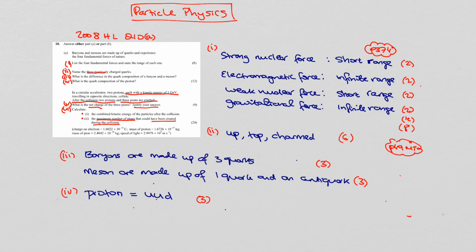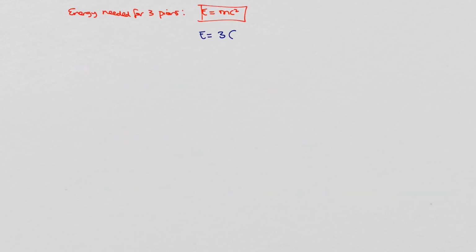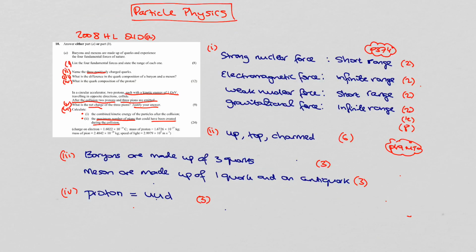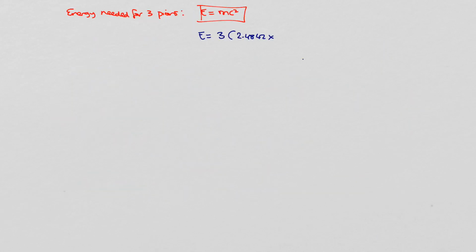So using Einstein's E equals mc squared, the energy is going to be 3 pions, so it's going to be 3 times the mass of 1 pion. And we're told in the question that the mass of a pion, down here at the bottom, is 2.4842 by 10 to the power of minus 28.